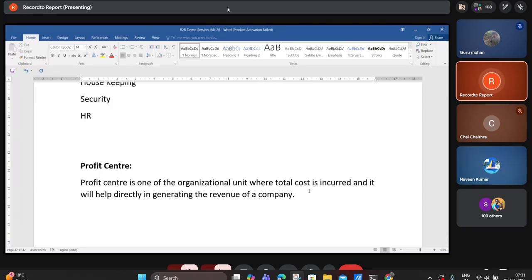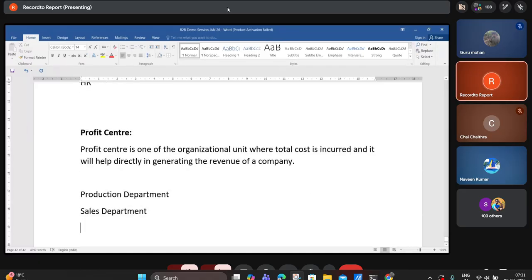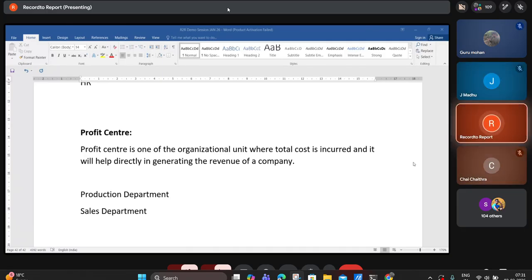Let me give you one example. You guys give the answer. There is a production department and one more department called the sales department. Two departments, guys. Which one will generate the revenue?